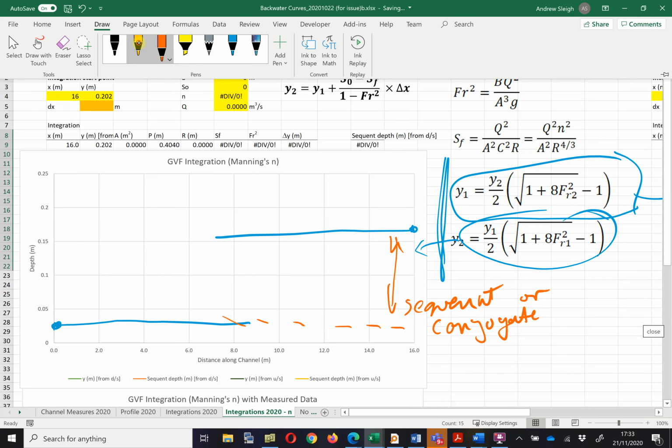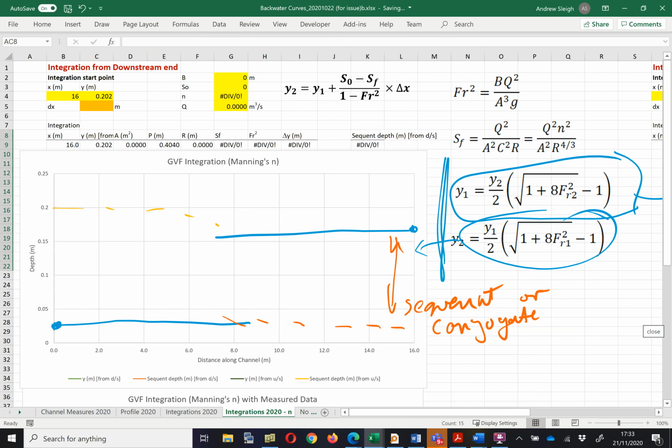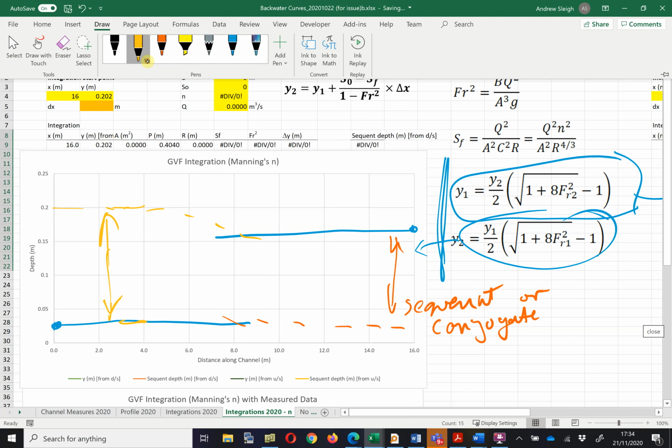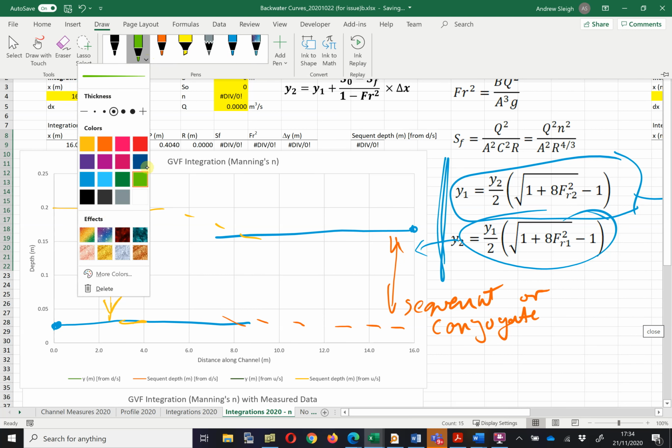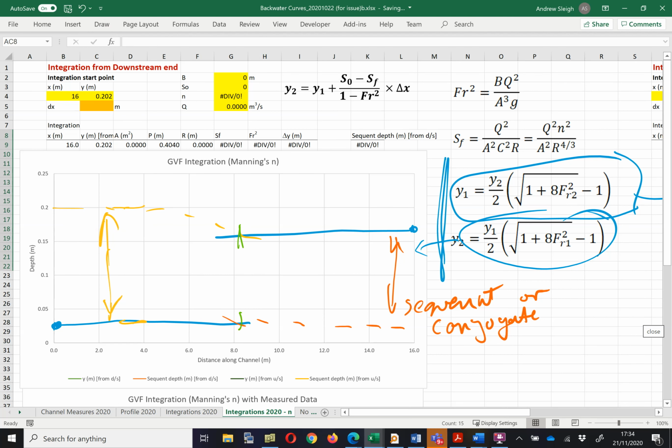And from the upstream end, the conjugate depth will be up there. So it's a line with equivalent energy. That flow at this height has got the same energy as the flow at that height. And where these all cross, you would expect a hydraulic jump to happen.